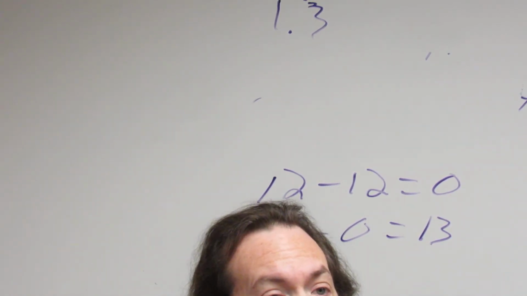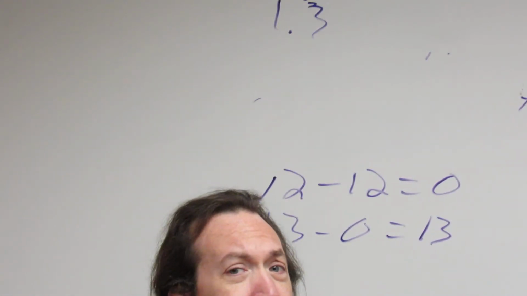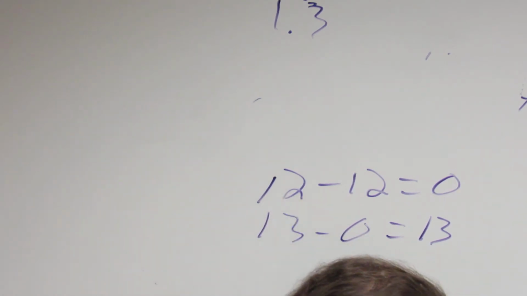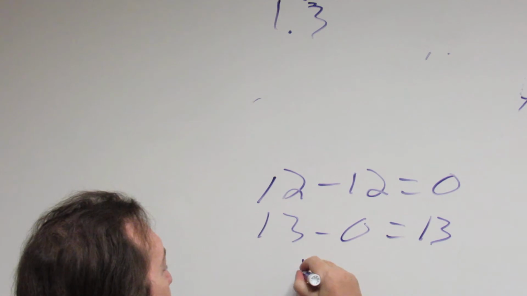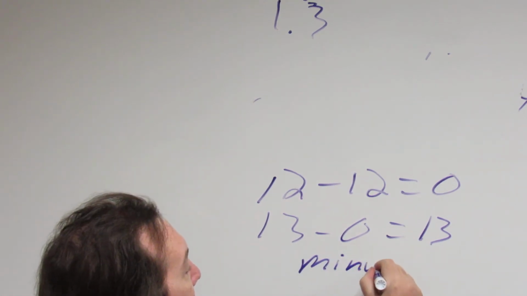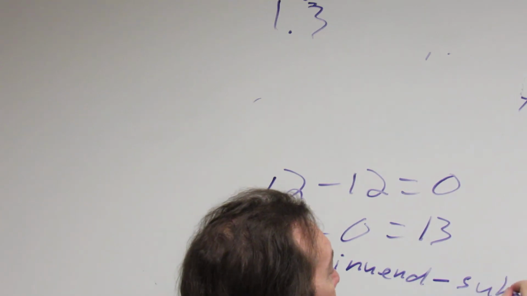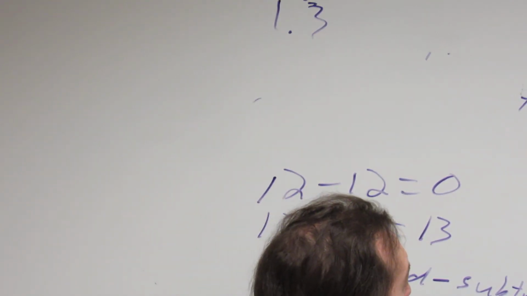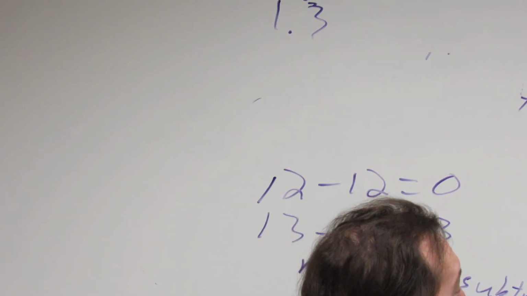One thing that's going to be in this section, and I think also on the quiz, though mathematically in any of your classes it doesn't really matter that much, is that when we're subtracting numbers, we use a minuend minus a subtrahend, and that equals the difference.